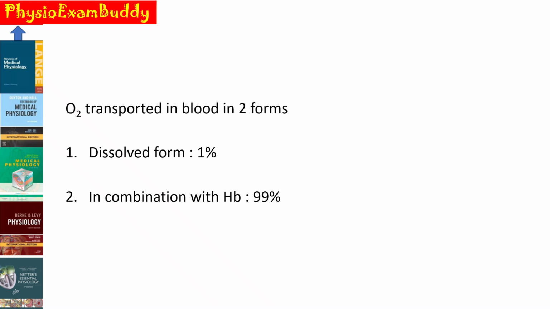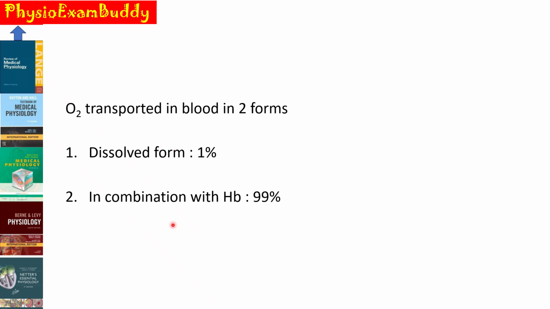Now the oxygen from the alveolus has entered into the blood, and in the blood oxygen is transported in two forms. The first one is the dissolved form. Through this form, only 1% of the oxygen is transported, whereas the remaining 99% of the oxygen in our body is transported in combination with hemoglobin.